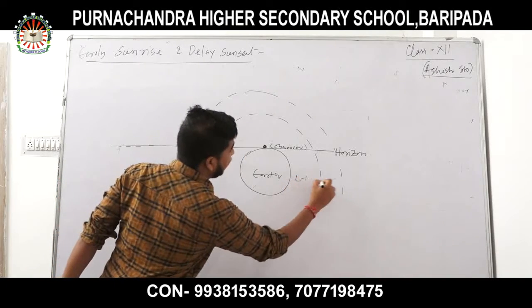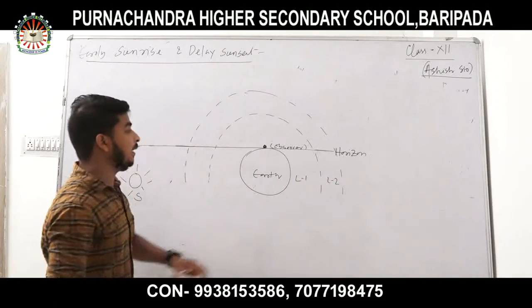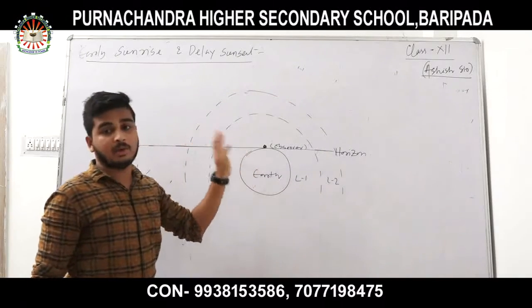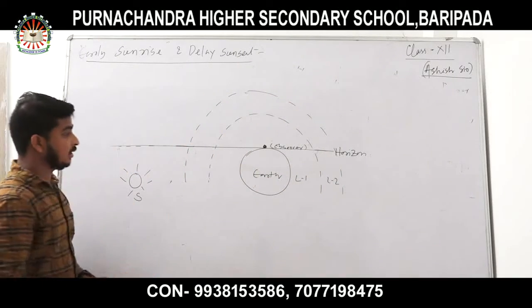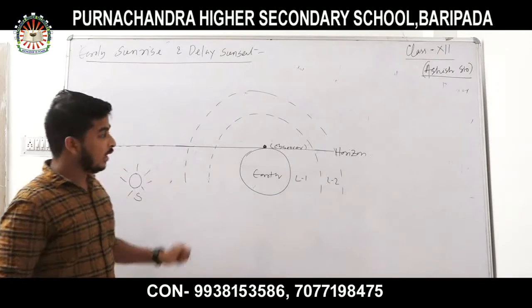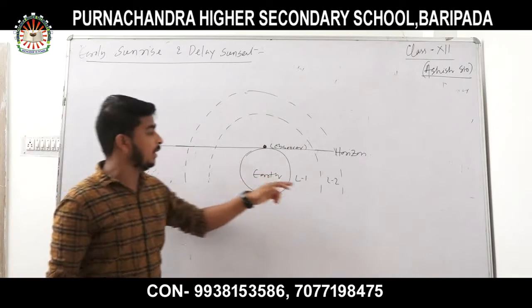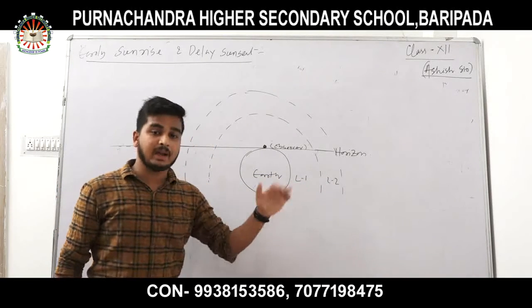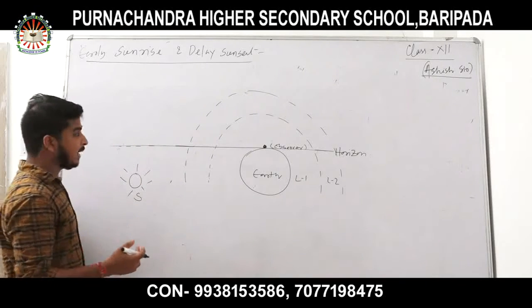So this is level 1, this is level 2. In level 1 the number of molecules is more, in level 2 the number of molecules is very less. So I can say level 1 is more dense than level 2, and when a ray of light goes from level 2 to 1, that is rarer to denser, it will bend towards the normal according to the law of refraction.